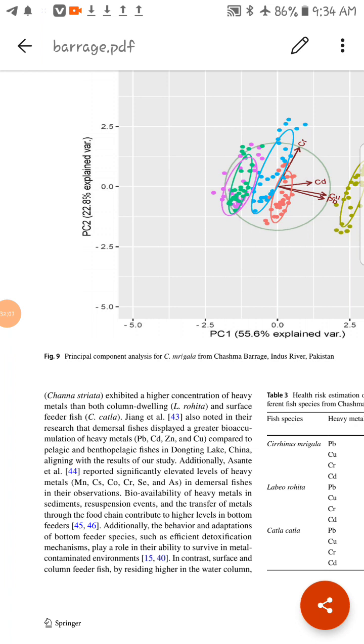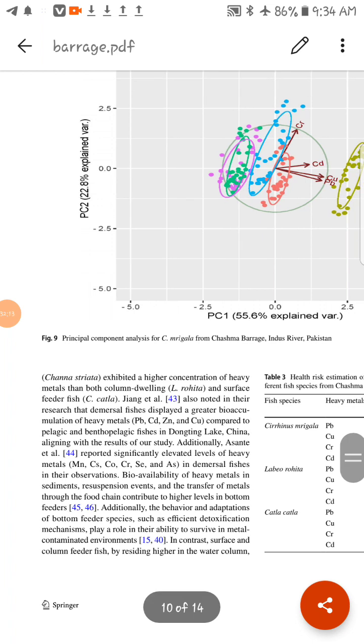Additionally, Assant et al. reported significantly elevated levels of heavy metals in demersal fishes in their observations, bioavailability of heavy metals in sediments, and the suspensions of events.